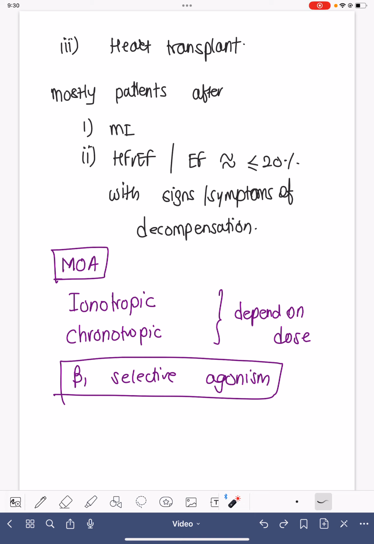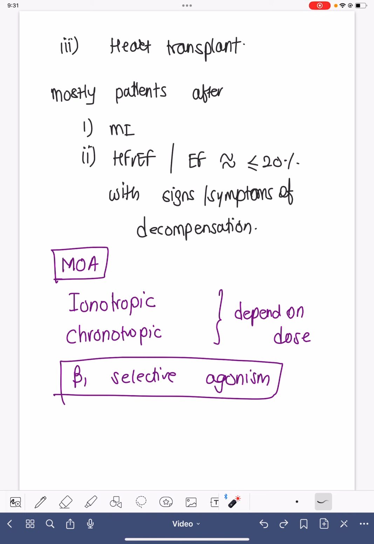Now, it is basically inotropic, so it increases the contractility of the heart, and it has some chronotropic effect as well, so it increases the heart rate as well. And this depends much on the dose. Whatever dose we are implementing, on that only these inotropic and chronotropic effects are seen.